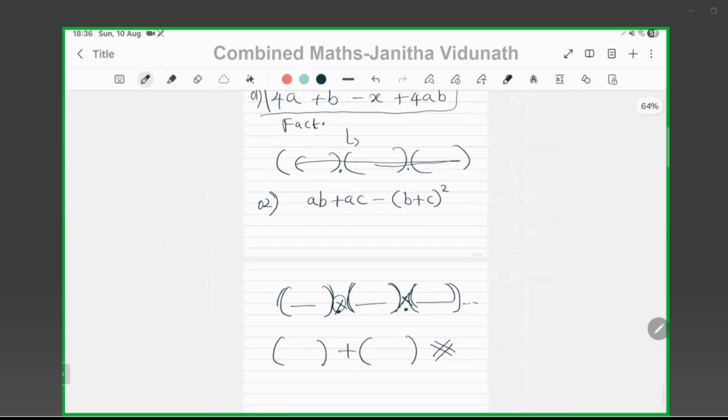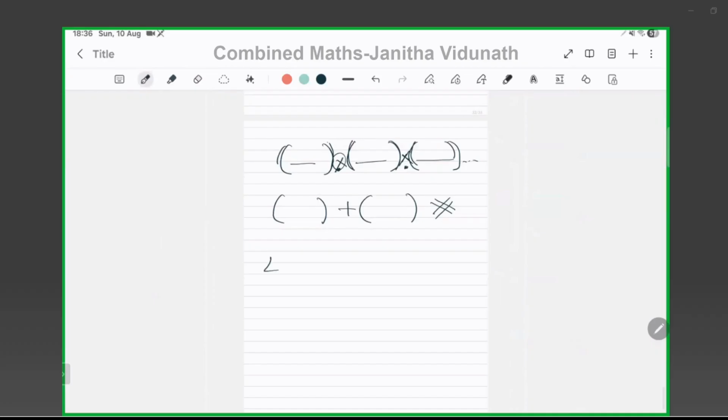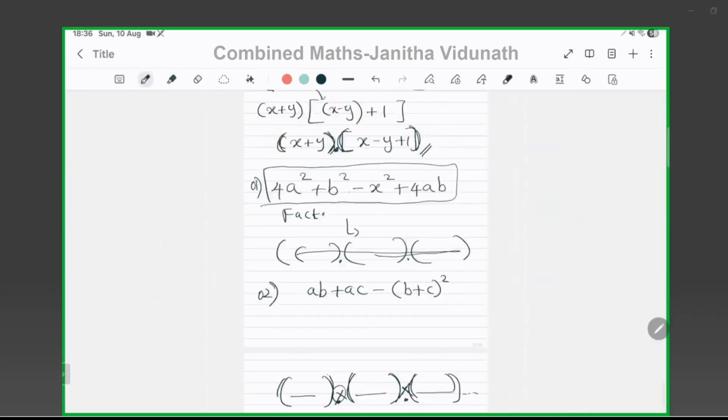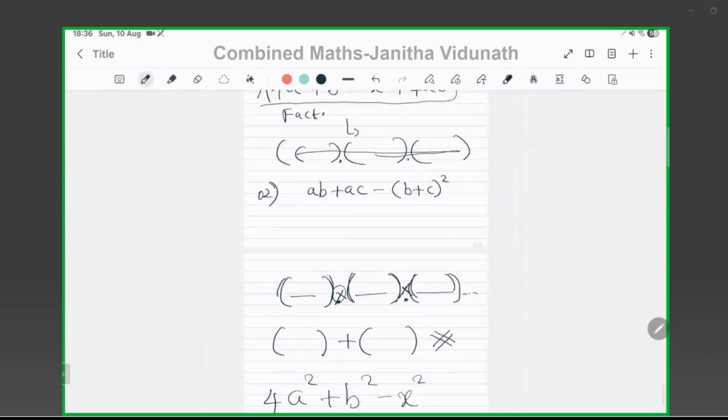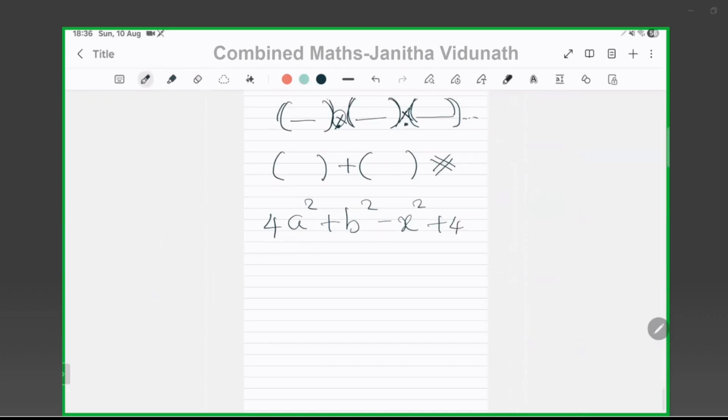Okay. Now our first question is 4a square plus b square minus x square plus 4ab. Here we have a, b, x in our terms. First, we try to keep the similar terms in one group.